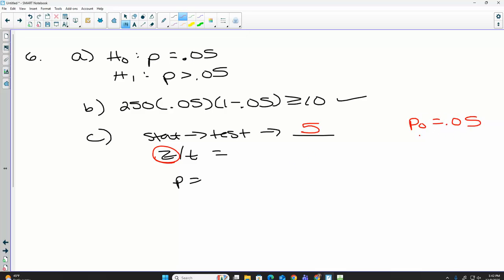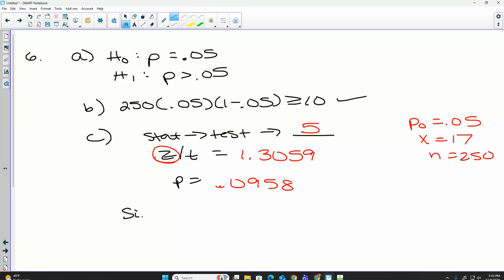My X, my N, testing greater than, so my Z is 1.3059, my P is 0.0958. So what's my conclusion? Alpha was 0.01. So there's not enough evidence to conclude that his hospital has a higher rate.